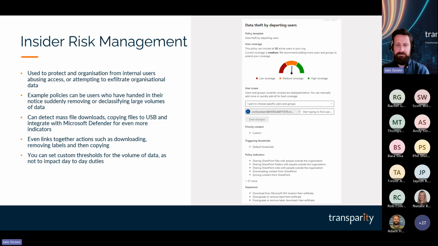However, if you've got an insider risk management policy configured with a sequence, you may say that if they've downloaded those 10 files, then downgraded the information protection label that you've applied to them, and then copied it to a USB or attempted to upload it to a cloud storage location, that would be a little bit more suspicious. So at that point, we'd want to flag an alert for that.